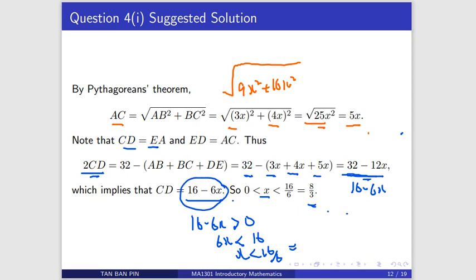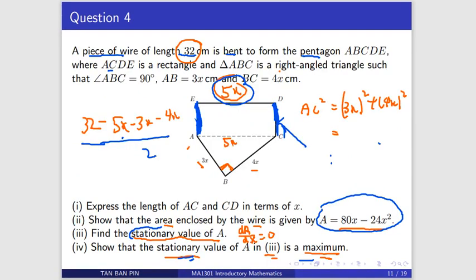So the area of the rectangle is 5x times 16 minus 6x. And for the triangle, it will be half times 3x times 4x.